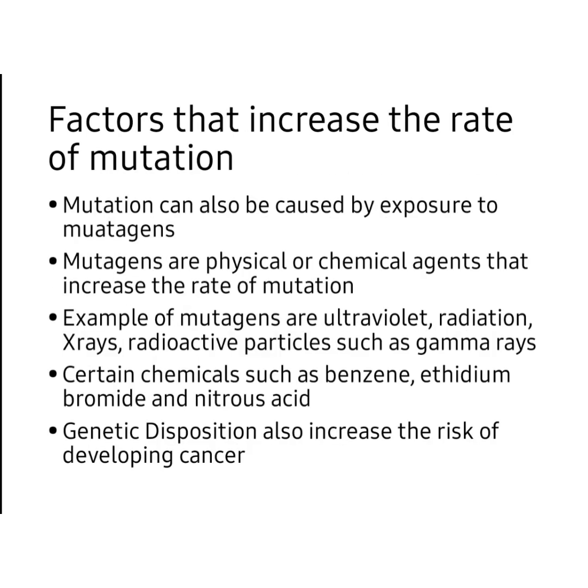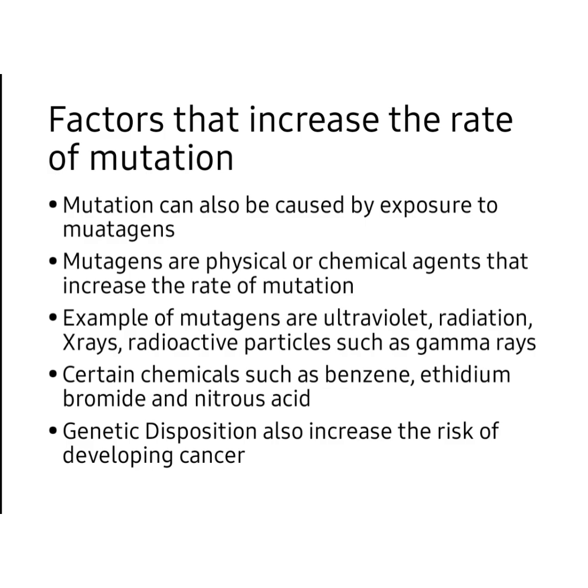Factors that increase the rate of mutation. Mutation can also be caused by exposure to mutagens. Mutagens are physical or chemical agents that increase the rate of mutation. Examples of mutagens are ultraviolet radiation from the sun or X-rays.